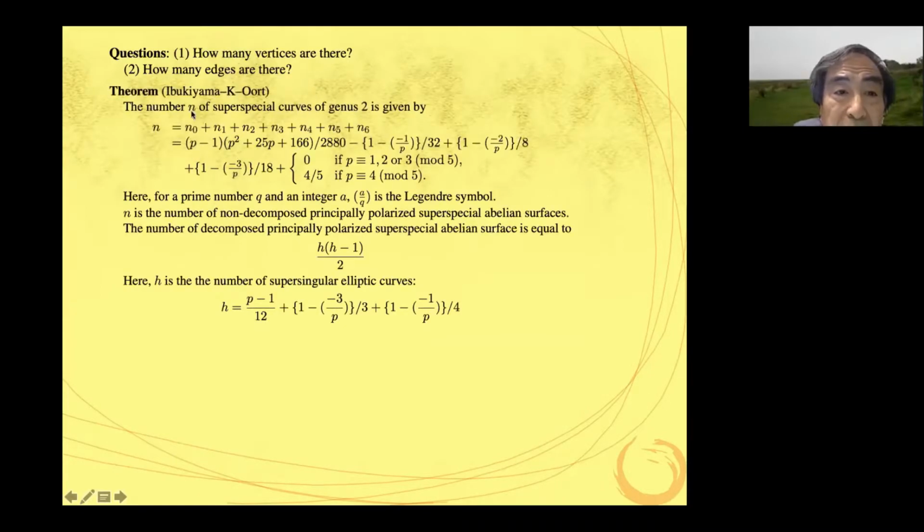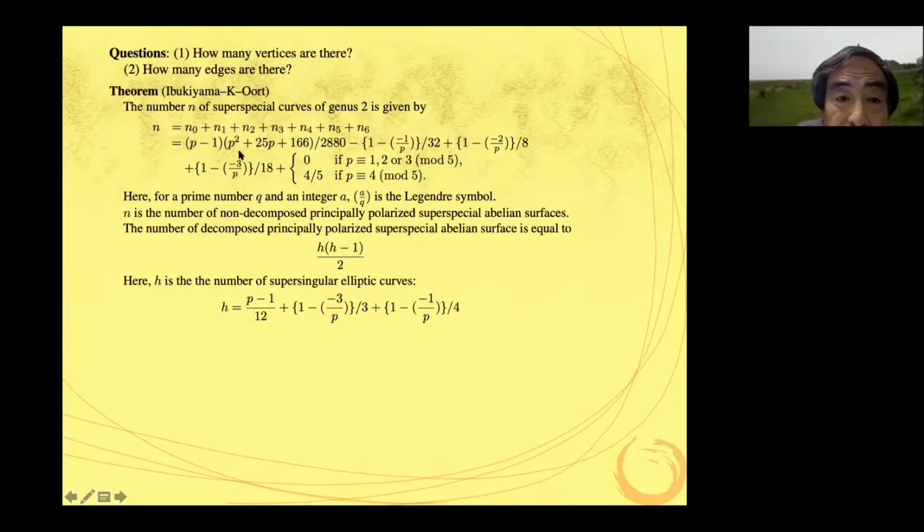For vertices, long ago, Ibukiyama, myself, and others showed the following. The number of superspecial curves of genus 2 is given concretely like this: N0 to N6, I'll explain later. But anyway, the total number is equal to this one. p is, of course, the characteristic of the base field.